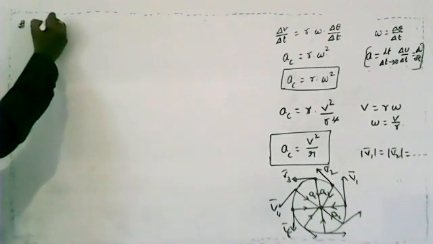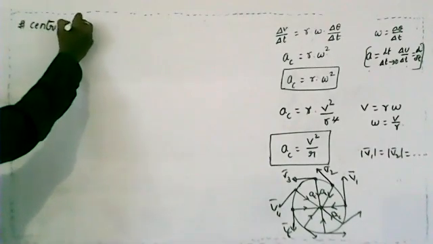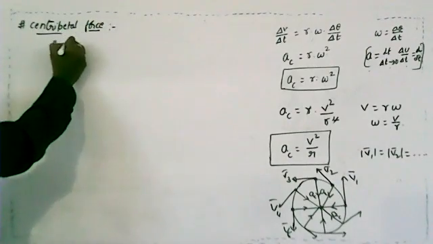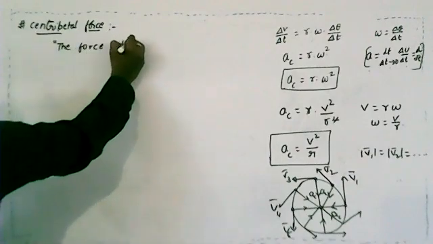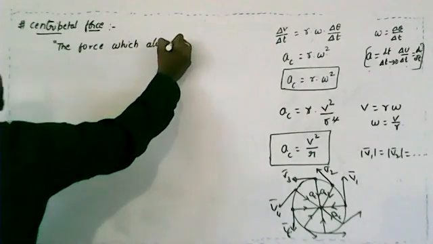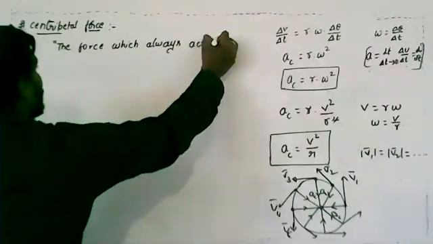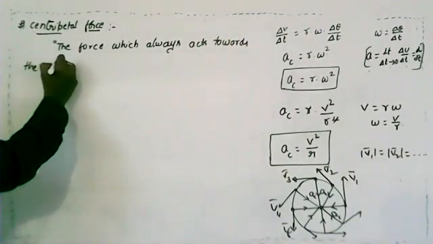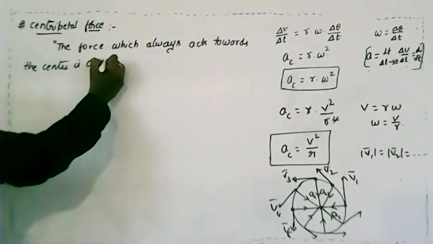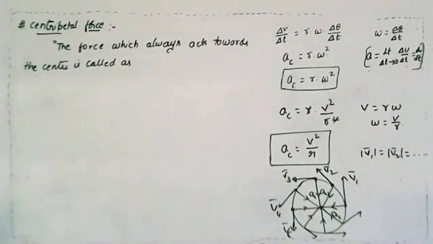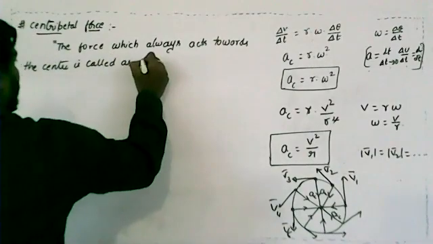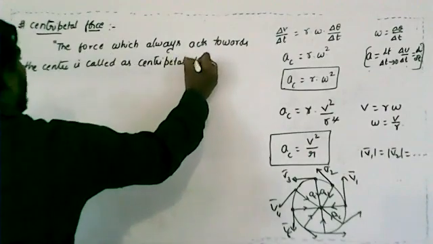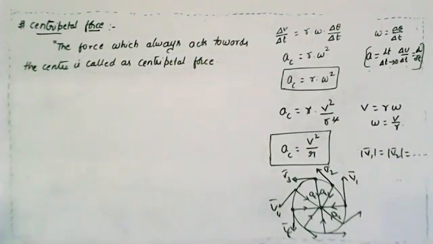Okay, so centripetal force: the force which always acts towards the center, clear, towards the center, is called as centripetal force. Or this is also called as radial force.